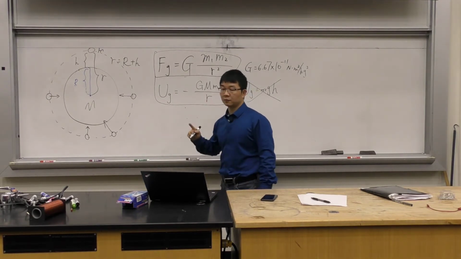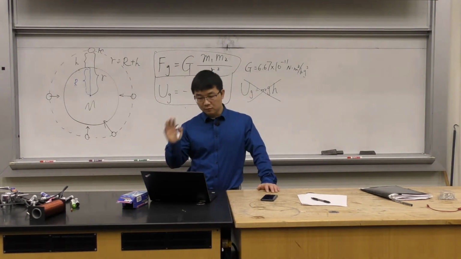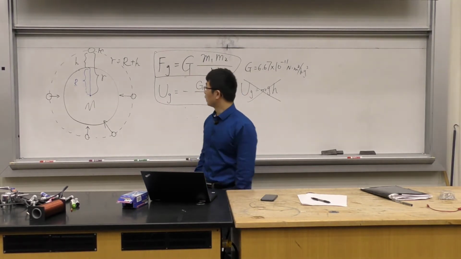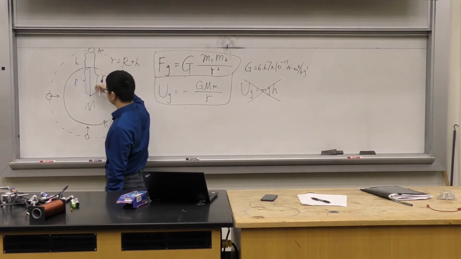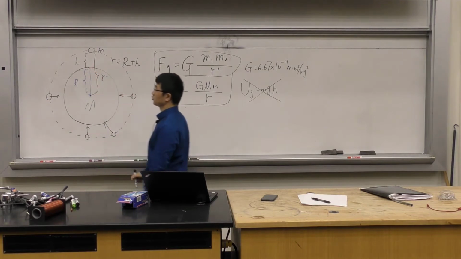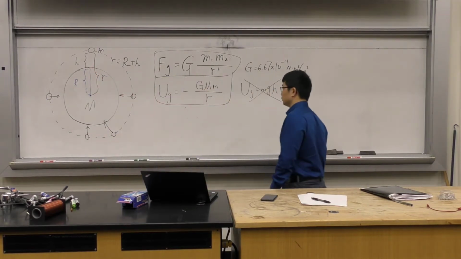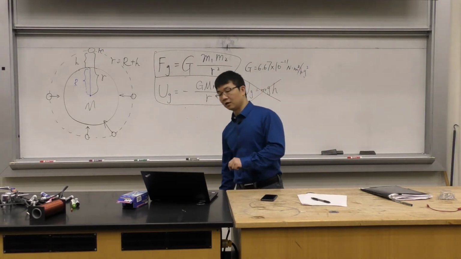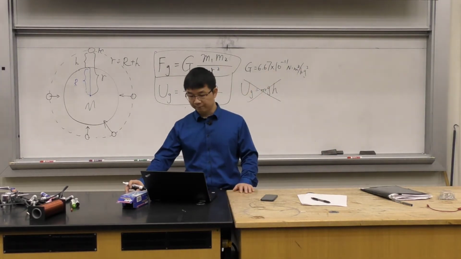Remember, little r is the distance from the center of the planet or star to where the object is. This diagram explains the difference between little r, big R, and h, these three symbols we have been using. If you understand what they are, you're not going to be confused by big R and little r.